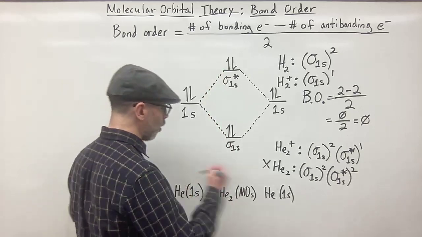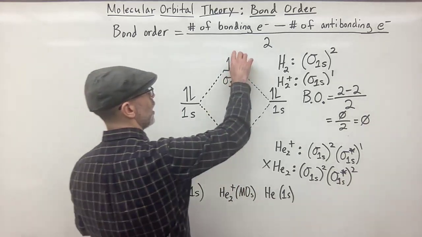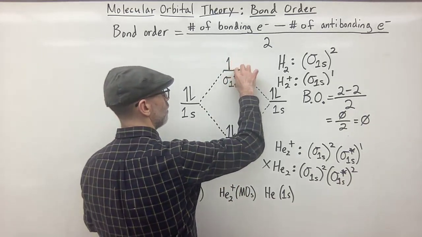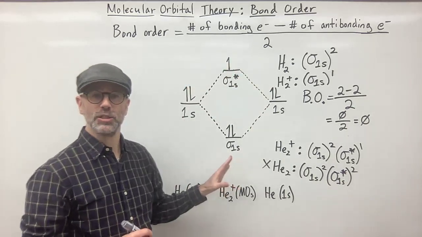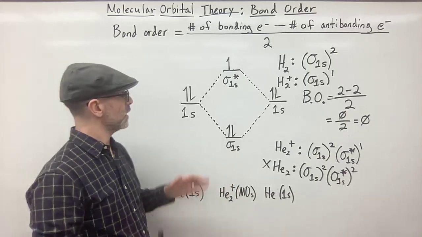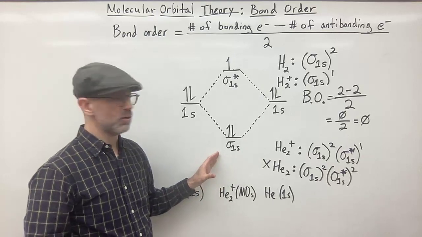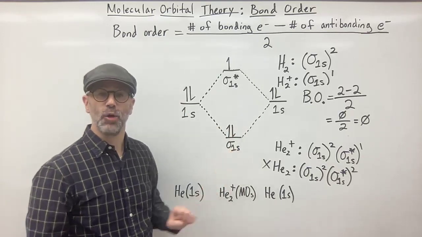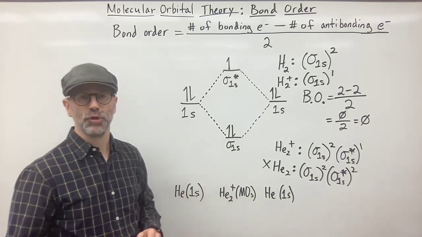So when we had He2 plus, we had an odd number of electrons here, and it was able to explain our bond order of 1/2. And so that's something that molecular orbital theory can help explain much better than the other theories that we have looked at.